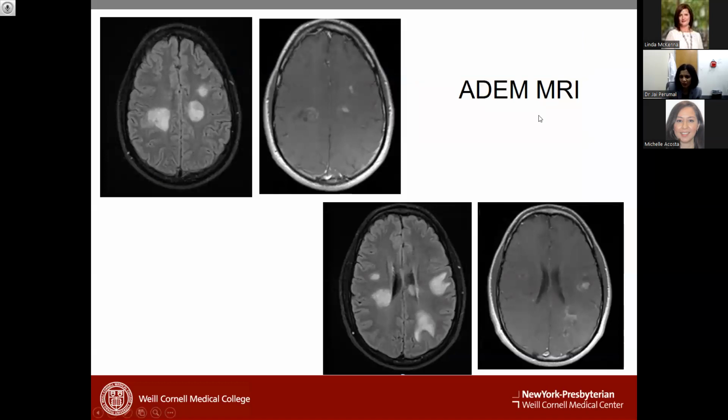It's acute disseminated encephalomyelitis. How do we differentiate that from MS? When you look at the MRI in ADEM, the lesions tend to be a lot bigger. They look fluffier and rounder. And because ADEM is a whole bunch of inflammation happening all at once, all of those lesions tend to enhance with contrast.